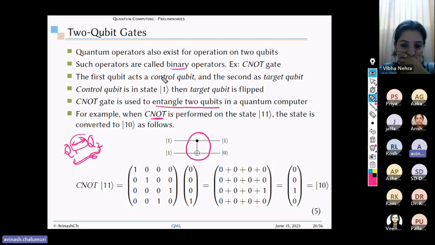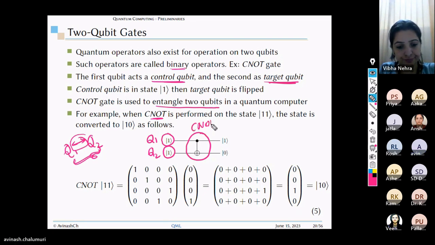Now the CNOT gate works this way: the first qubit acts as a control qubit and the second qubit acts as a target qubit. The initial state of one qubit is 1 and the initial state of the other qubit is 1. Consider these Q1 and Q2. Now Q1 and Q2 are passed through this CNOT gate. This is the mathematics behind that.